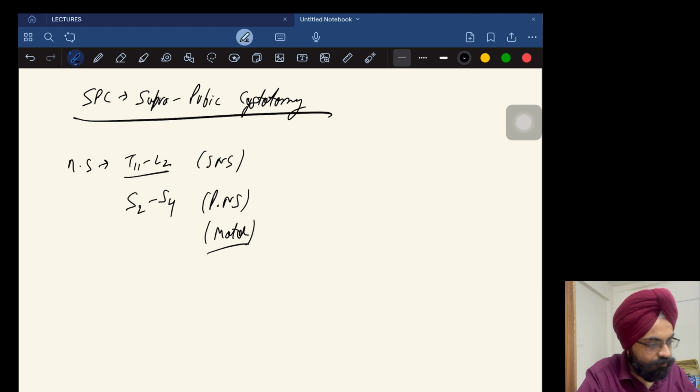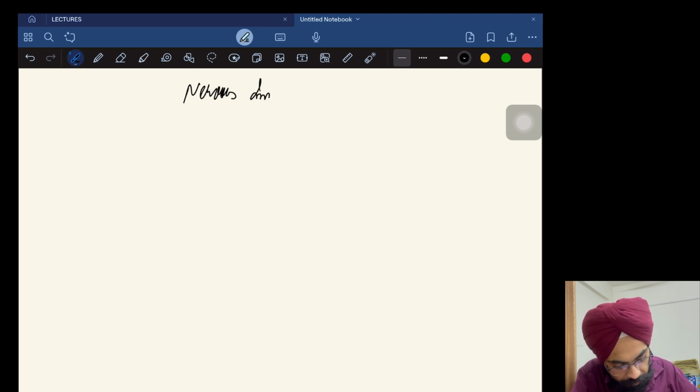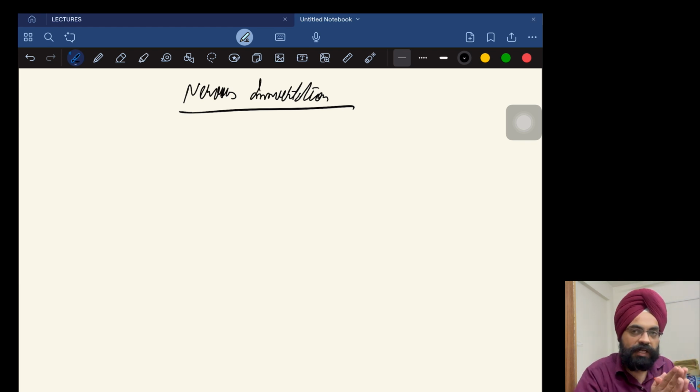Now let us have a look at the nervous innervation of bladder. That is very important. MBBS exam mein theory question aata hai: write a short note on nervous innervation of urinary bladder. So this is very important from that point of view.